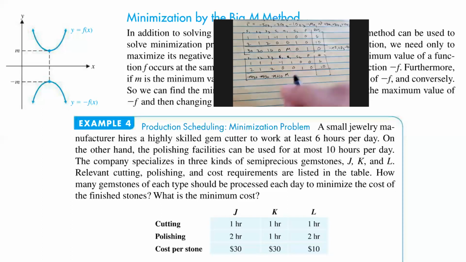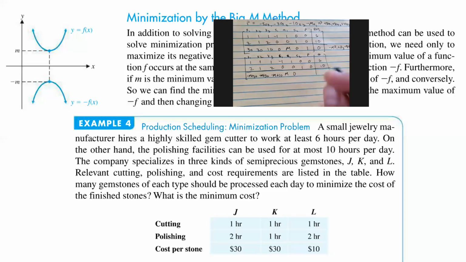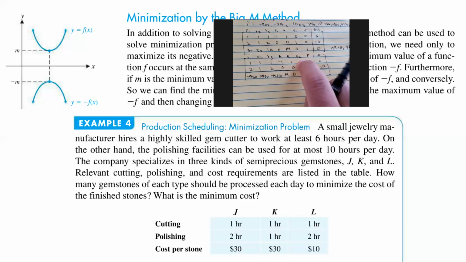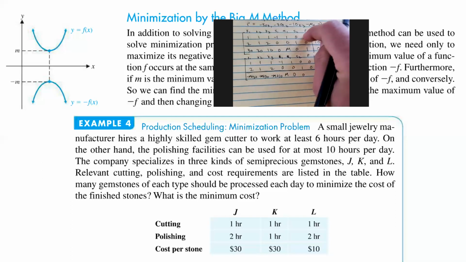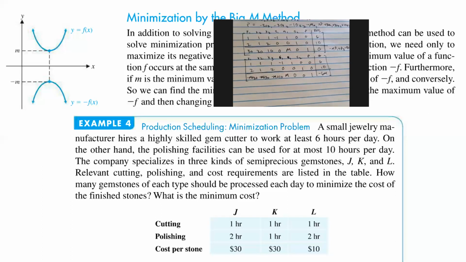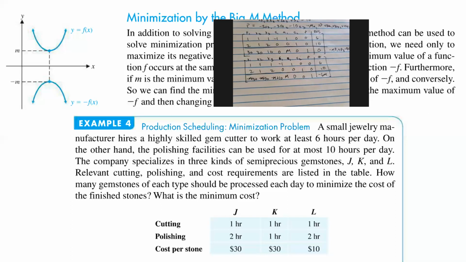And you'll notice sometimes it's better to write a little more space when you're dealing with the M method because you're gonna get really crowded down here. This becomes 0 because that was the whole point, negative M plus M. 0 times M is still 0, plus 0 is still 0. 0 times M is still 0, plus 1 is 1. And negative M times 6 is negative 6M plus 0. All right, so now we have that set up.